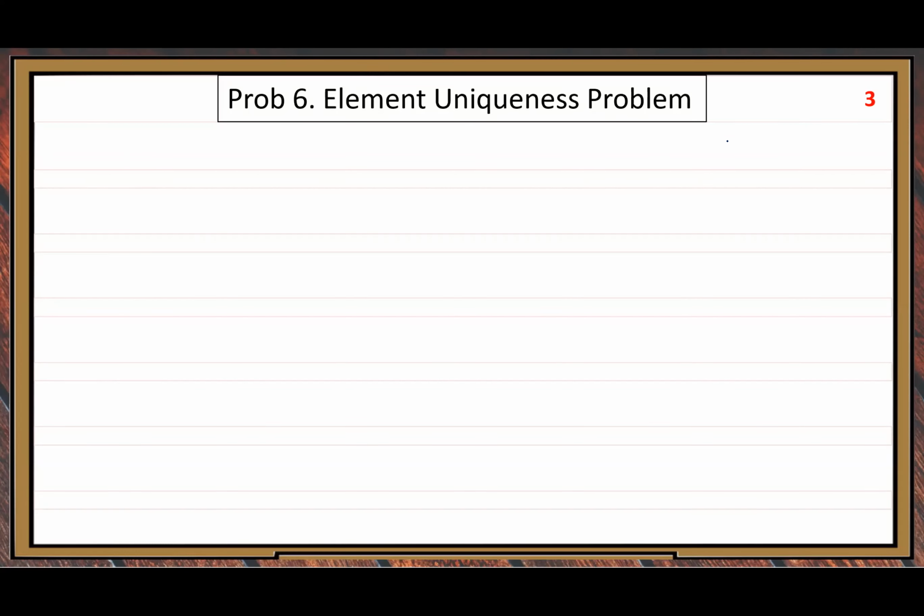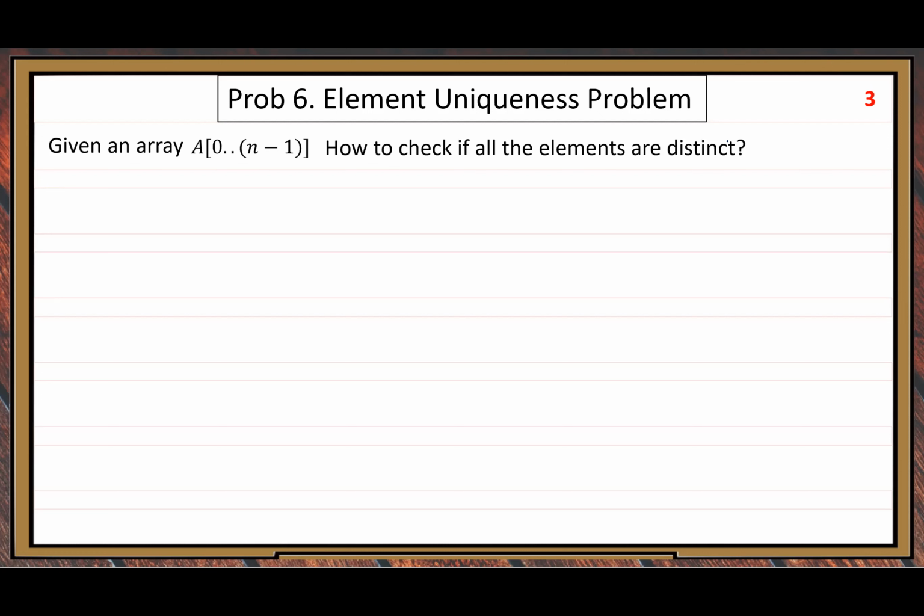All right, so let's look at our question number 6. Element uniqueness problem. From the name, you can guess the meaning. Given an array, how to check if all the elements are distinct.